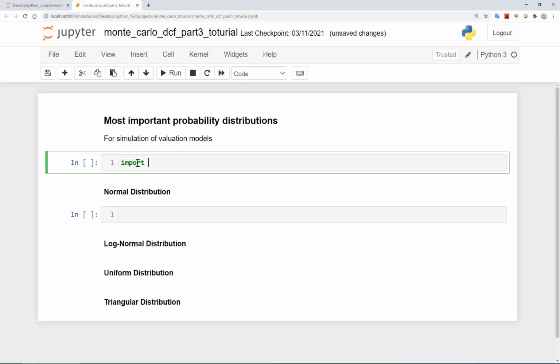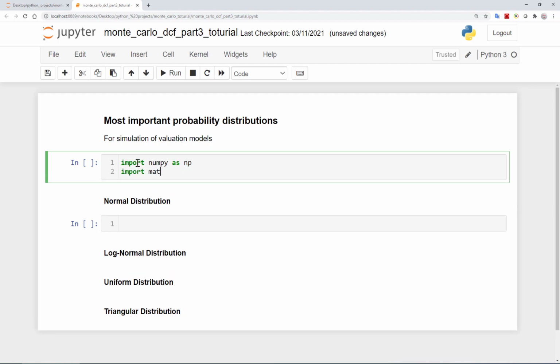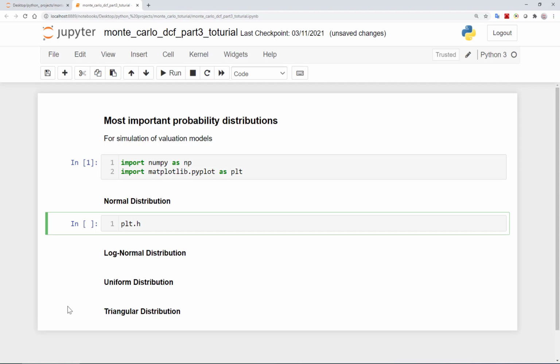So let's generate numbers from a normal distribution. To do so, we can use NumPy random normal, and then we need to pass the mean, standard deviation, and the size. Let's generate numbers from a normal distribution with a mean of 20% and a standard deviation of 5%, and let's generate 1 million numbers from such a distribution.